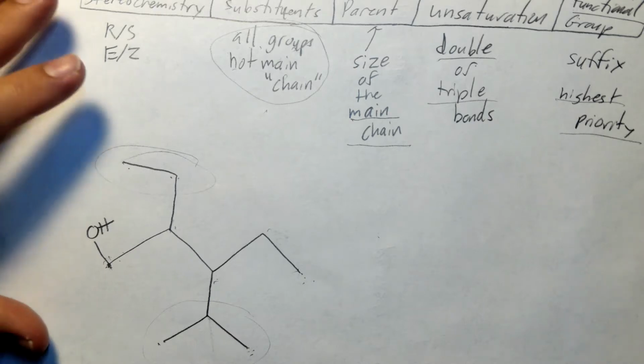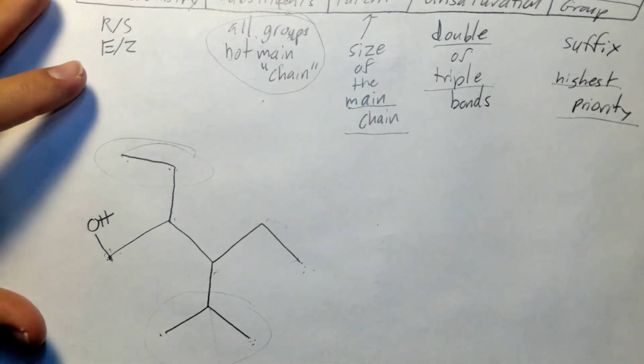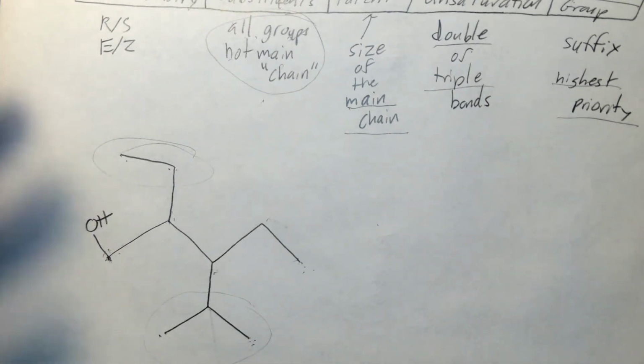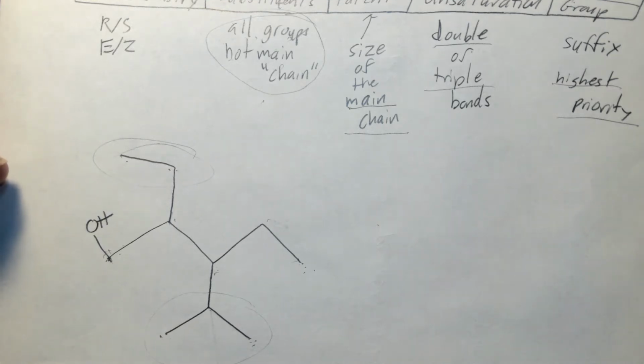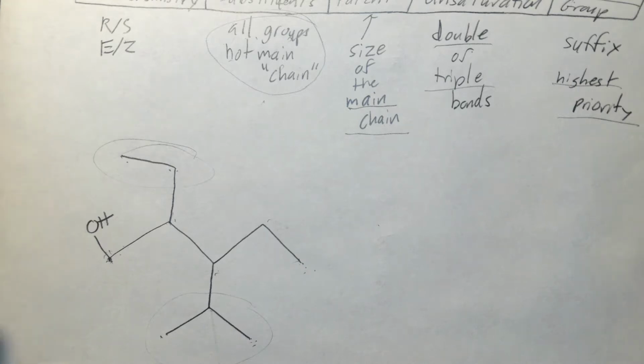But another rule of picking the parent chain, the longest chain, is if there is more than one chain that has the same length, and they're both the largest chain, how do you pick between them? You have to pick the chain that has the greatest number of substituents.